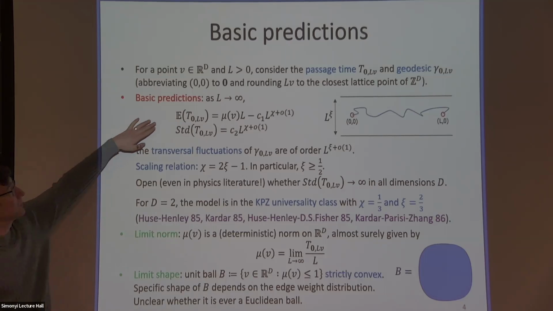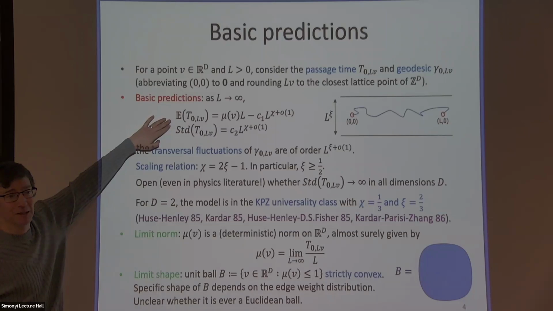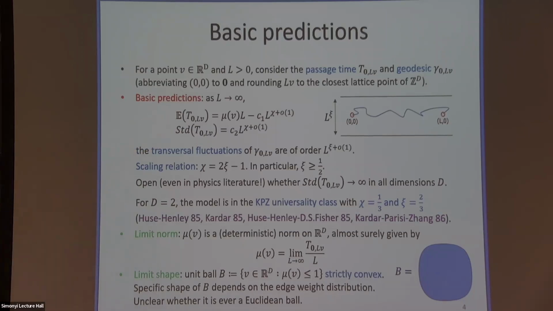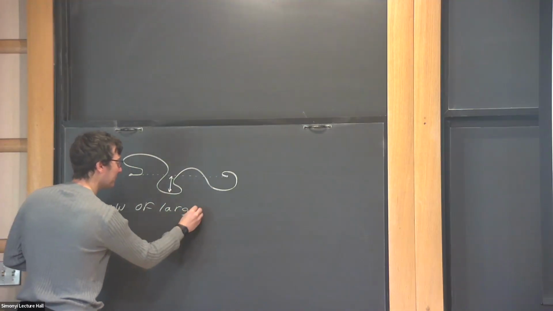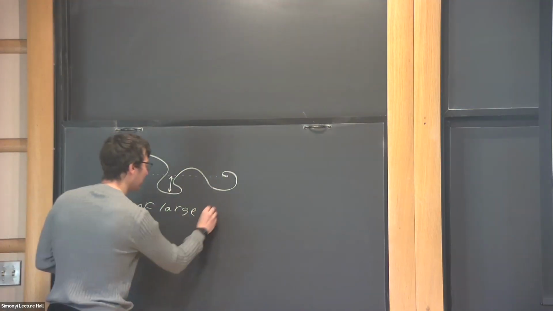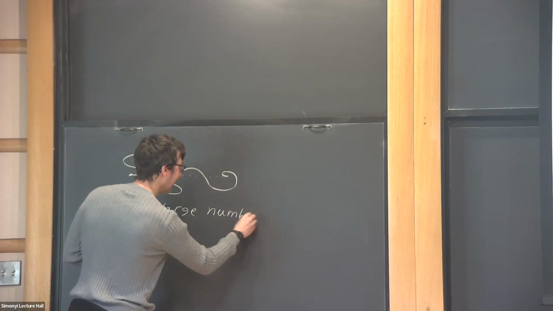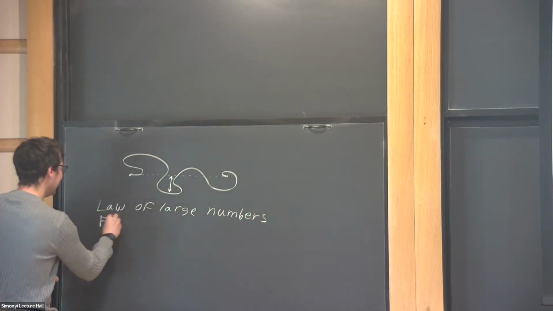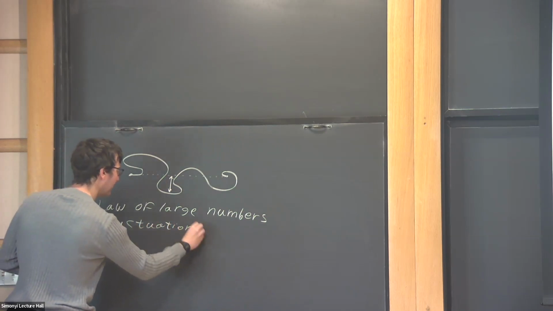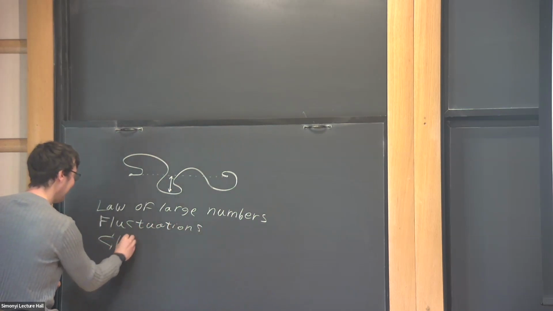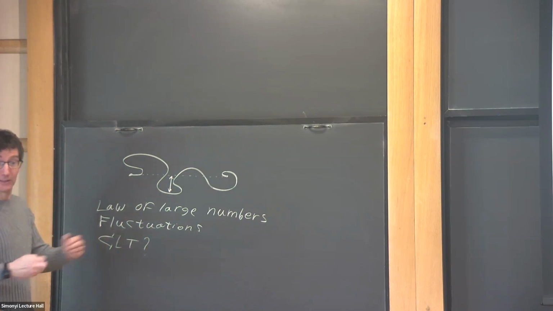So, basic predictions concern the passage time. So you should have in mind something like law of large numbers. So you should have in mind things like we are used to from basic probability. Law of large numbers, fluctuations. Then you could try and go further to CLT or something like that, and so on and so forth.